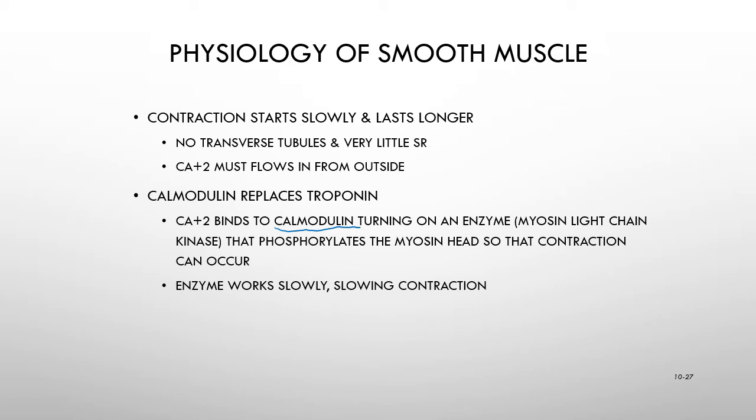This calmodulin is going to be a catalyst to a chemical reaction that phosphorylates the myosin head, and this allows the contraction to occur. So we have to do phosphorylation to the myosin head, and calcium binding to that calmodulin initiates that step. But it's a slow process.